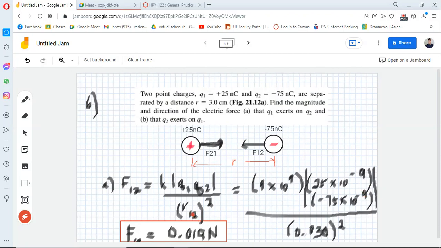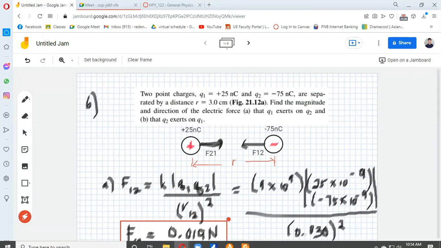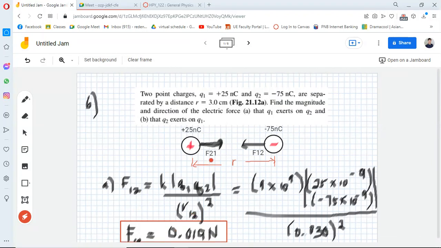Same distance pa rin naman sila. Therefore, kung ano yung value ng F12, that is also the value of F21, right? Because they just lie in the same axis, having the same separation distance. Therefore, they will just experience equal in magnitude of electric forces, but opposite in direction.